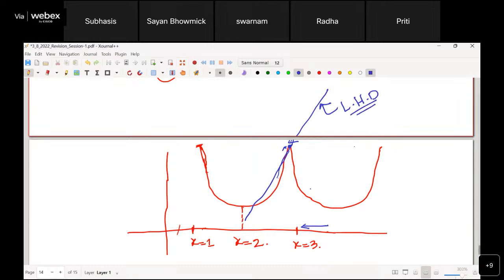And when you are coming from the right hand side, again you will get a tangent line like this, and the slope of this line is the right hand derivative. Certainly the slopes of these two lines are different. One is a positive slope and one is a negative slope. So in that case, this function can't be differentiable at that point.